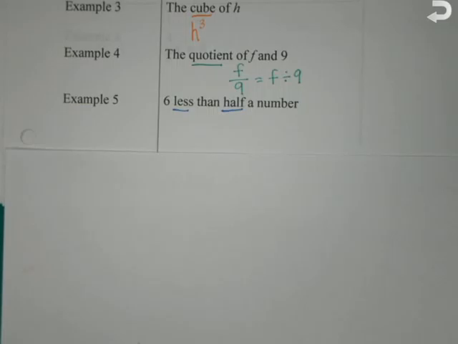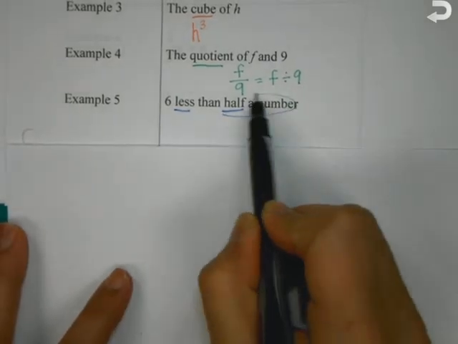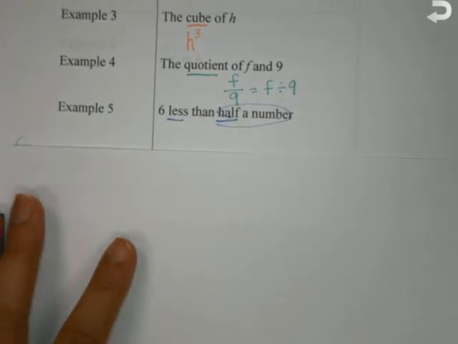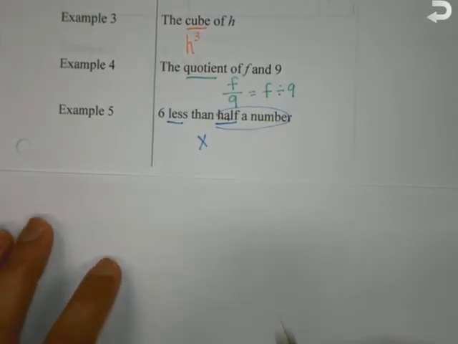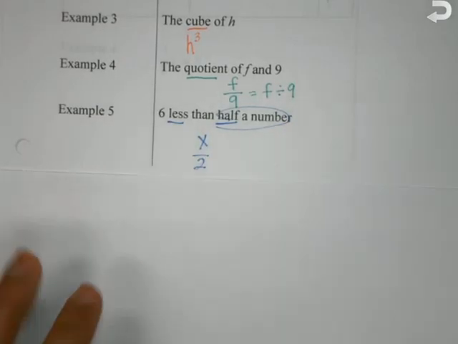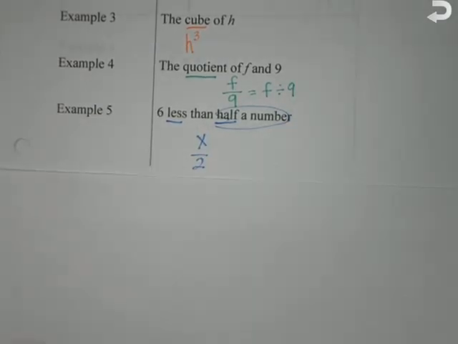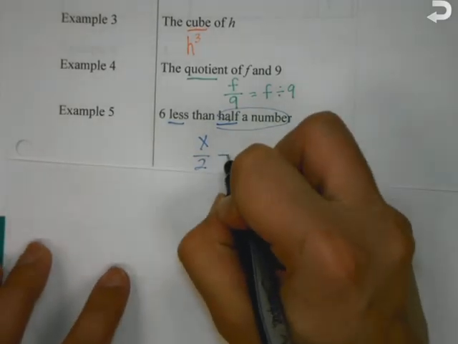What would come first, division or subtraction? Division. So we have to take care of that division first. So let's look at the half a number part. What does that mean? Some number x divided by 2. So it will be x over 2. And then when I say 6 less than that, what does that mean I'm going to do? Minus 6. So that's going to come second, even though it's first in words.